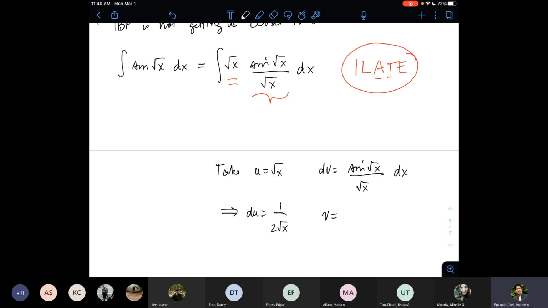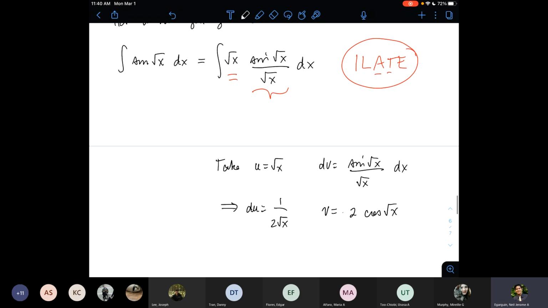And then v would be, now here I can do u substitution in order to find v. I can let u be root x, and then I'll have a sine u. There's a 1/2 outside. So if you do the integral here, I guess you'll get 2 cosine root x. And perhaps there's a negative sign here.